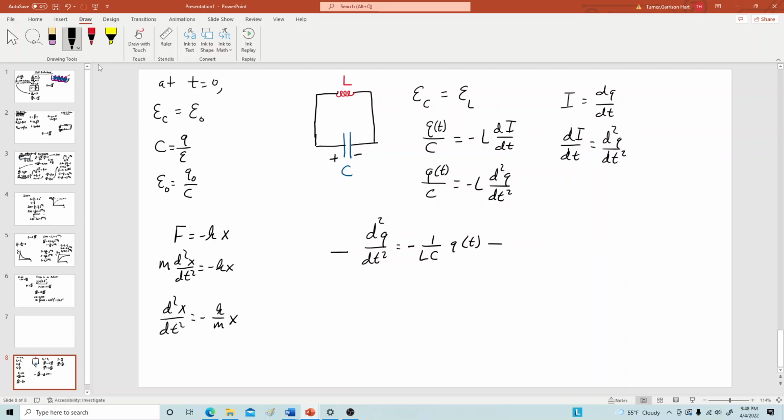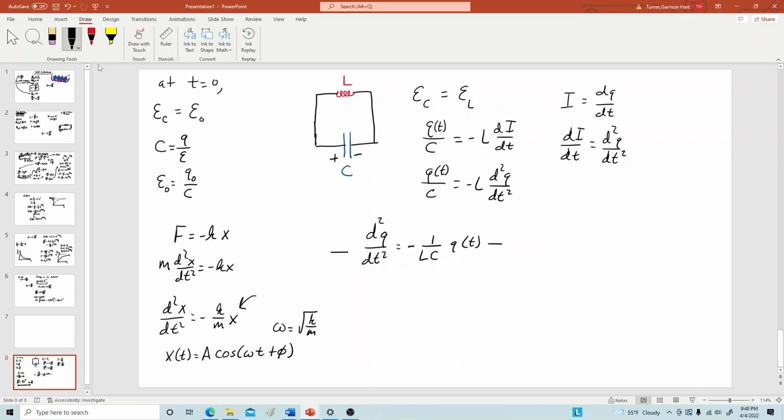Okay? And the solutions to this were oscillatory, and x as a function of time was equal to an amplitude times cosine of omega t. You could have a phase constant in there, but the point is that omega was equal to the square root of k over m.